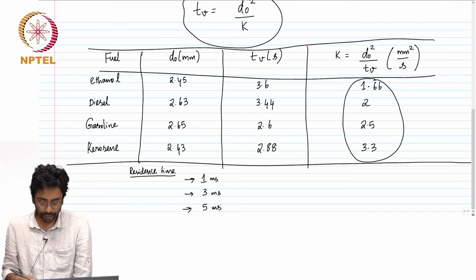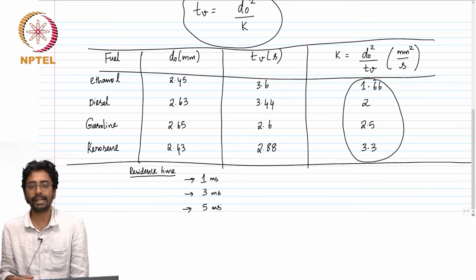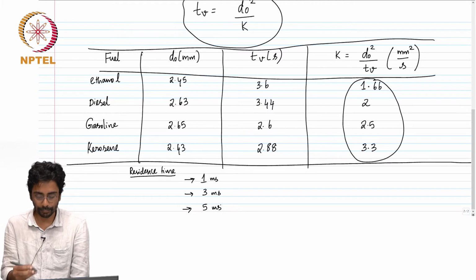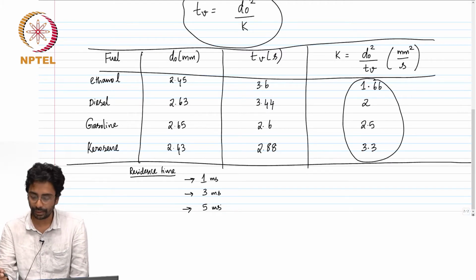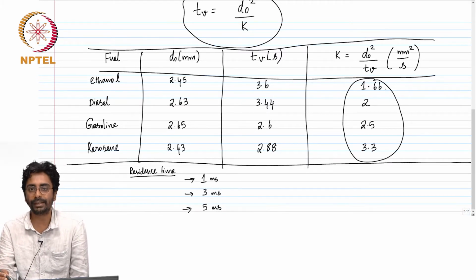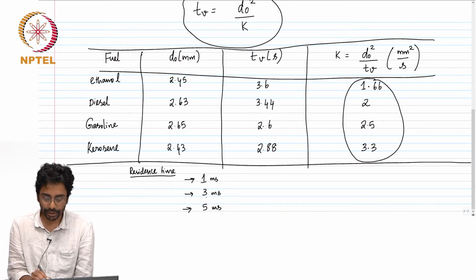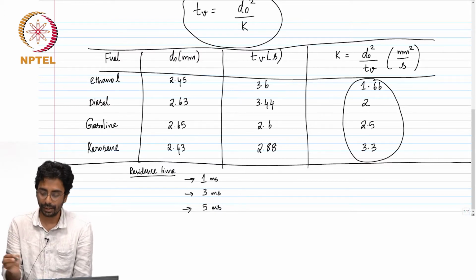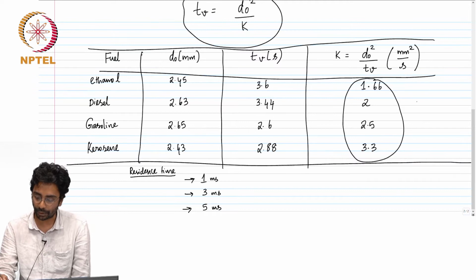Now you can calculate what is the maximum allowable diameter from this information. The time it should take for the droplet to vaporize should not exceed 1 millisecond in the first case, 3 milliseconds in this case, and 5 milliseconds in this case. So from this formula you can calculate what is the diameter allowed.